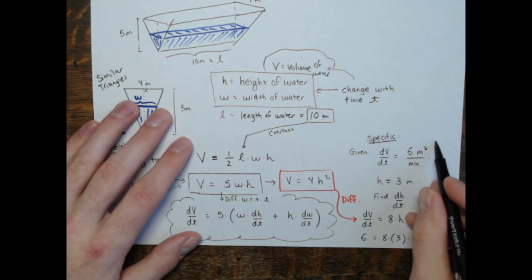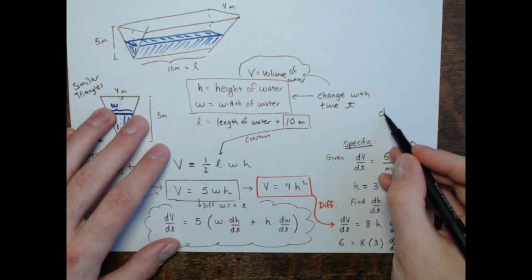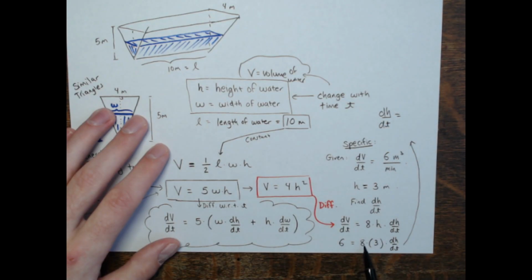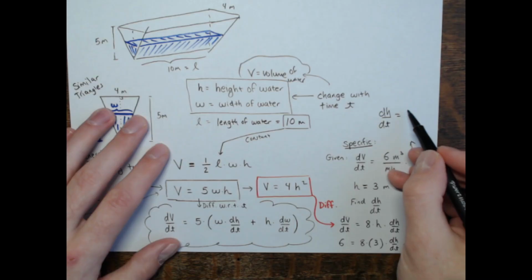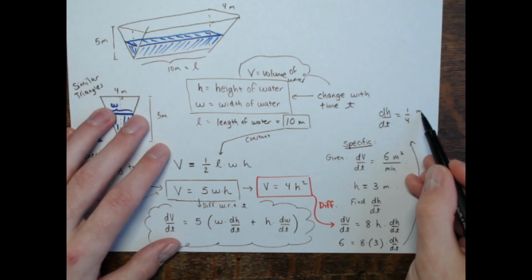Sorry about this, I don't feel like going to a new piece of paper here. So then dH/dt, when you solve for it, this is 6, this is 24, 6 divided by 24 is 1/4. And this is a height unit over time unit, and volume was given in cubic meters, so the height should be in meters, and time was given in minutes, so meters per minute.